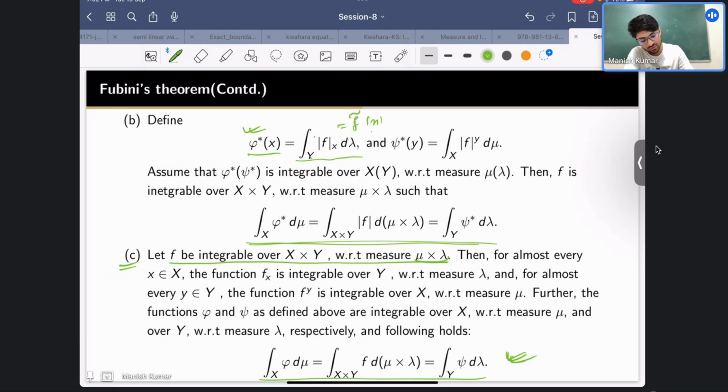Now if this f tilde of x is integrable with respect to x, then the integral of mod f over X cross Y will be equal to the iterated integral of mod f_x with d lambda d mu, and this is nothing but the integral of mod f_y with d mu d lambda. So again a similar sort of identity is true if any one of them is integrable. This was all about the Fubini theorem.